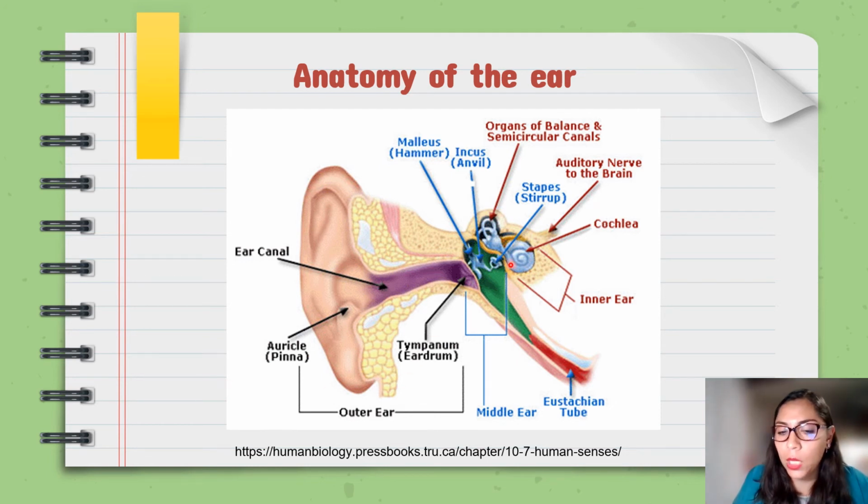Inside we have the middle ear, and in this part we're going to find three little bones that are called malleus, incus, and stapes.